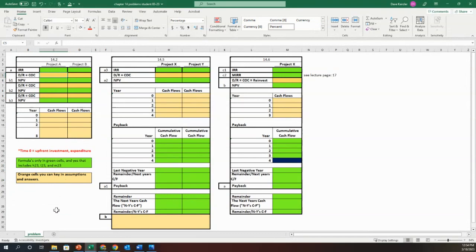I guess I just changed the format here. Orange is where you can key in the assumptions and the answers. I don't need to change those to blue, do I? You're good? So you're just going to do formulas here, orange. You're going to key in assumptions. It's 14.2, 14.5, and 14.6 from the book.